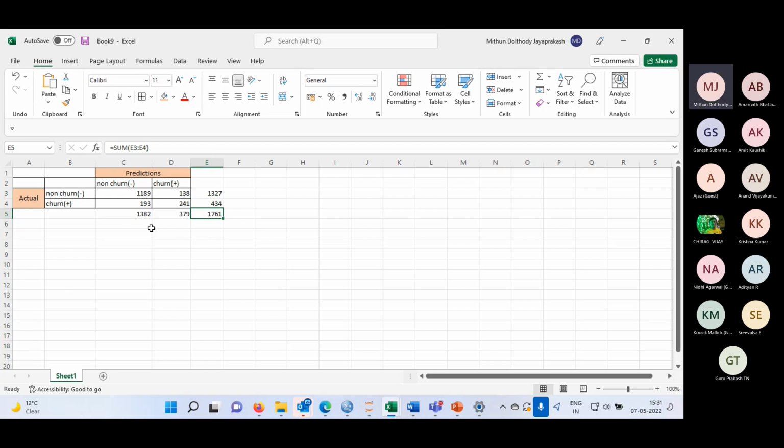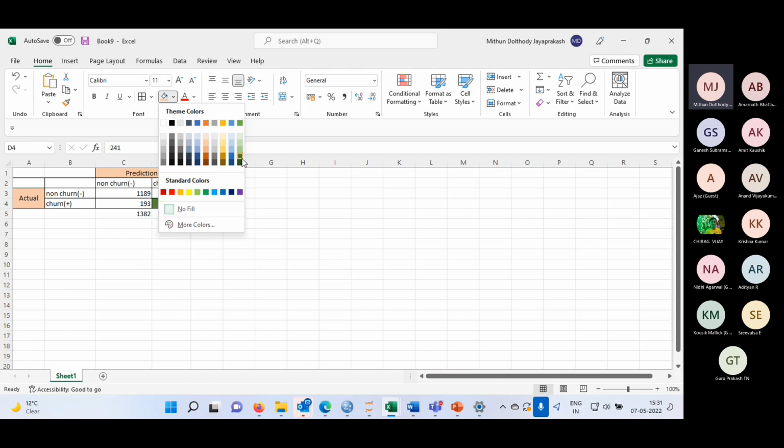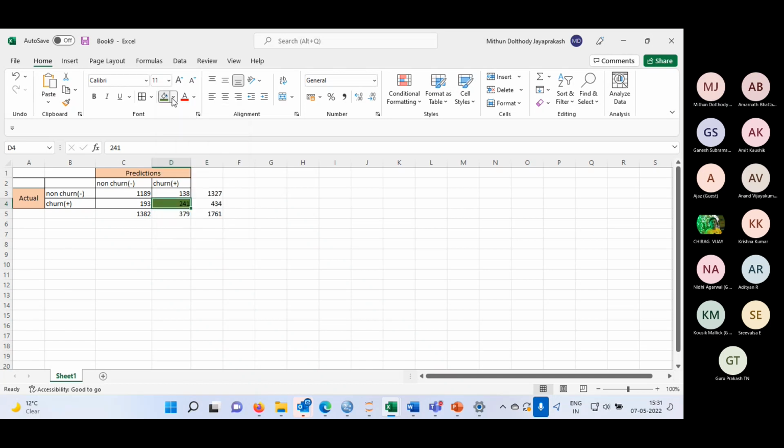Now, I'm just going to use a green cell for this. I'm going to color it using green. You know why? Because actual is positive, predicted is also positive. Are you able to understand this? Actual is positive. Can you see here along the row? Actual is positive. My model has also correctly predicted it as positive. So we use a terminology.